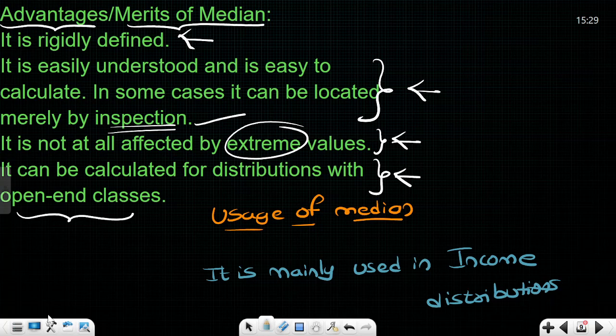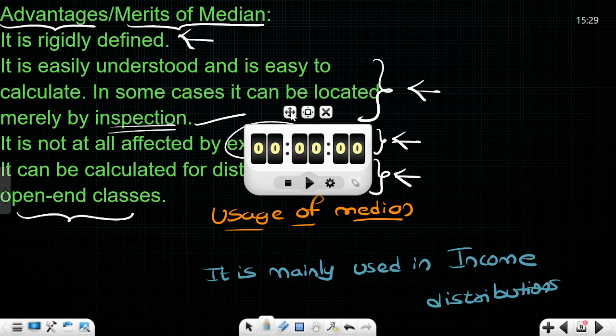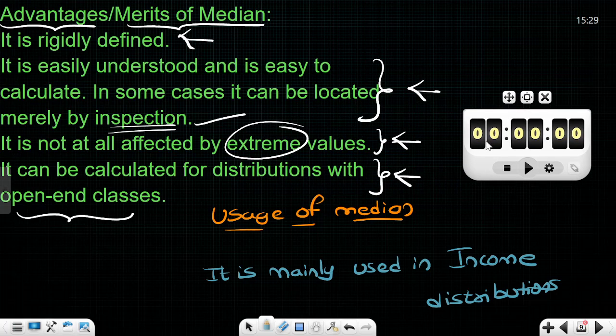So Akshita, I am giving you 30 seconds. Whichever point you feel is important, you can note down. And please note down, this is very important, usage of median.